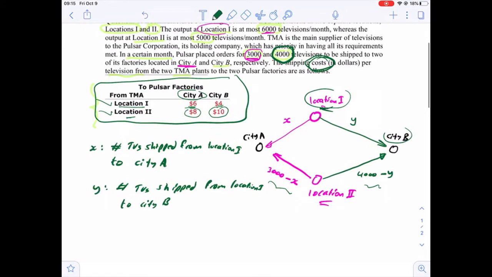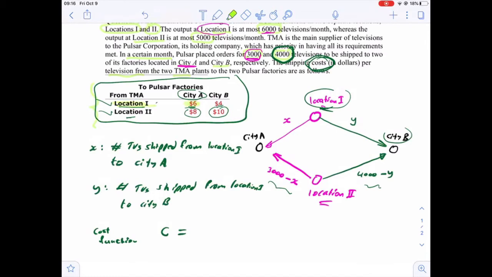So we need to define the cost function as our objective function. Let's denote it as C. This is the cost function. So how to define C? Let's start with location 1 here.